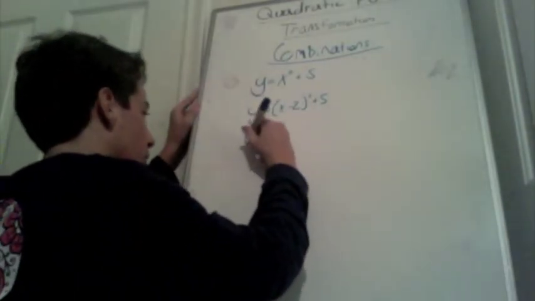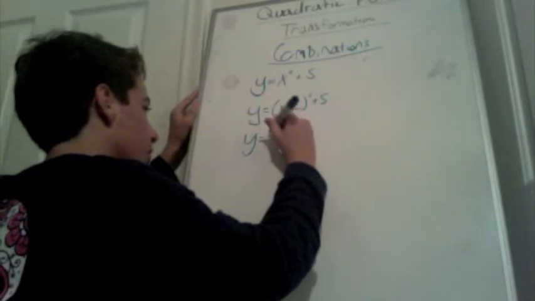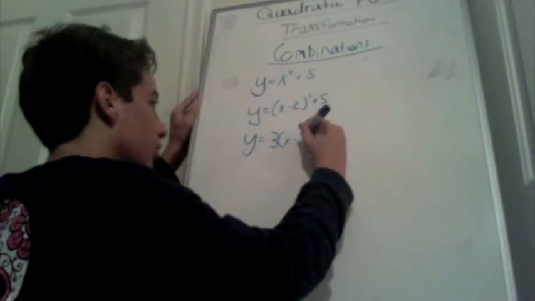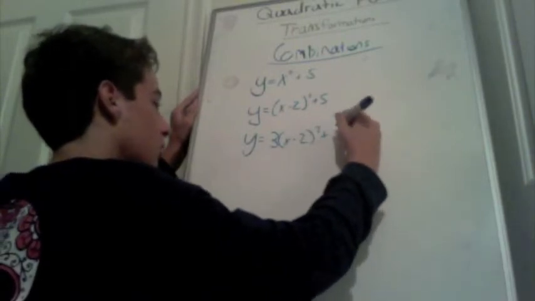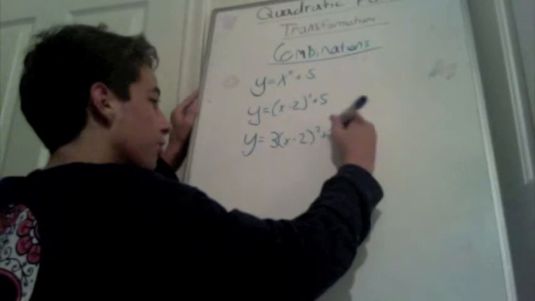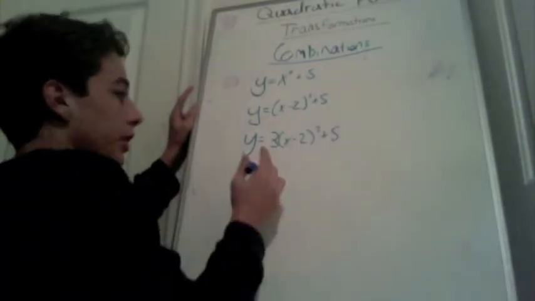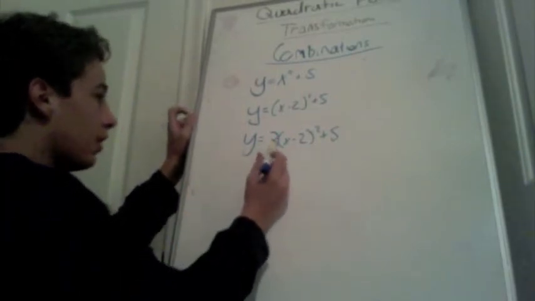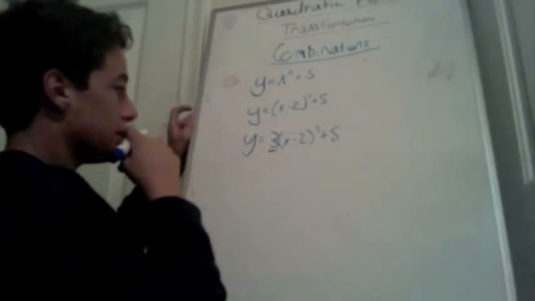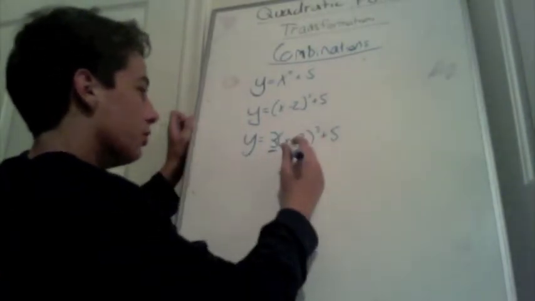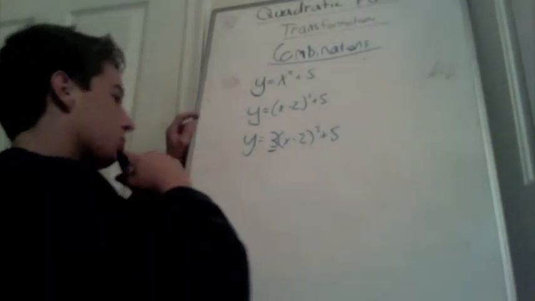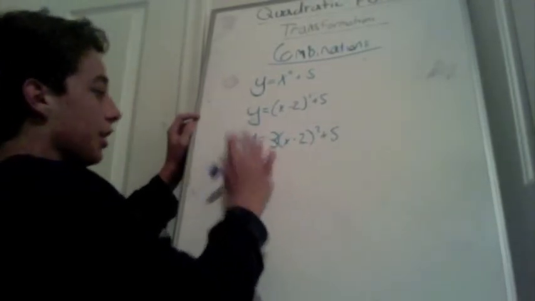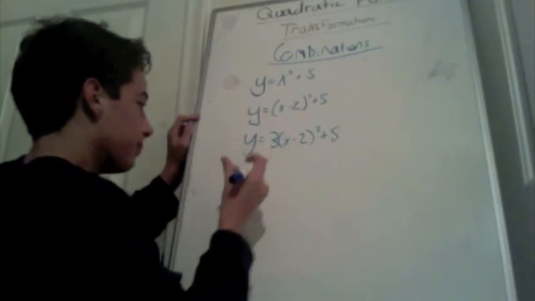So we'll say y equals 3 times (x minus 2) squared plus 5. Notice how the vertical stretch goes on the outside of the parentheses.